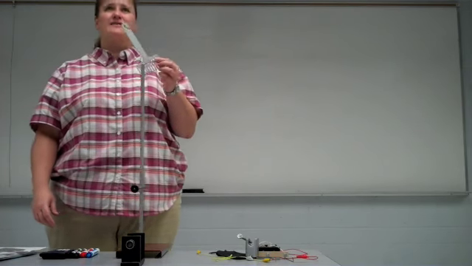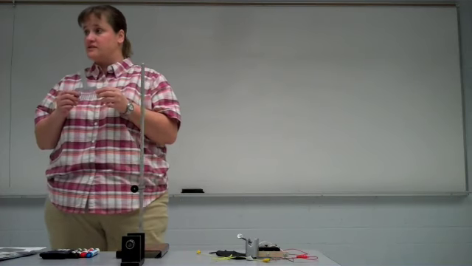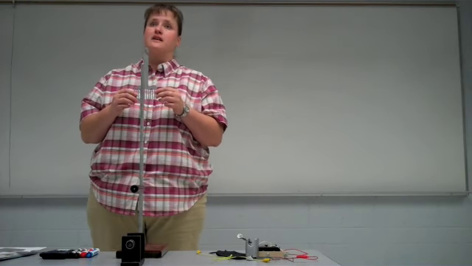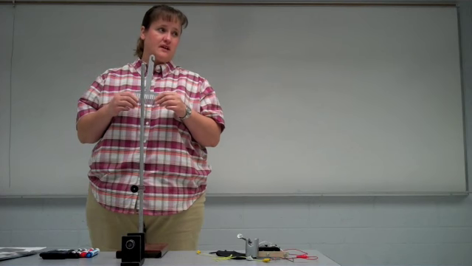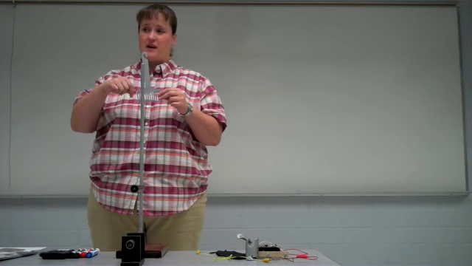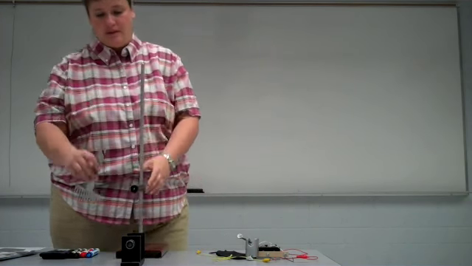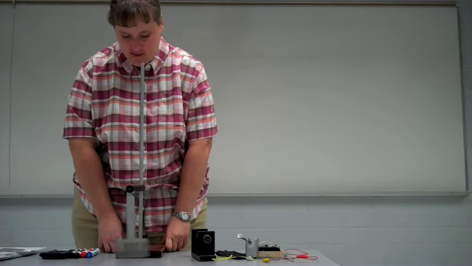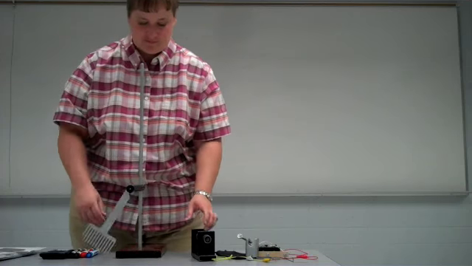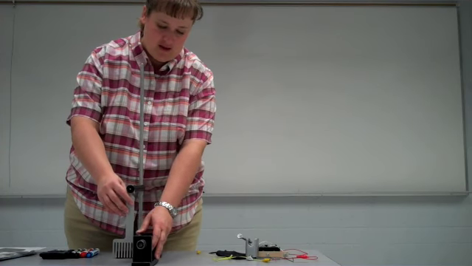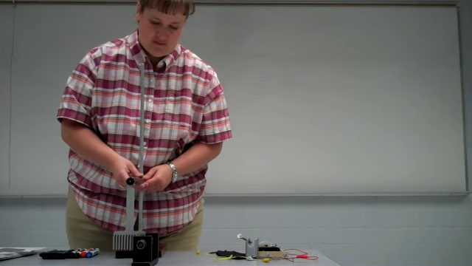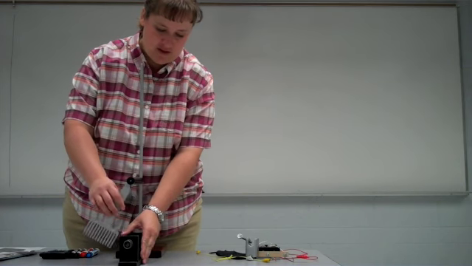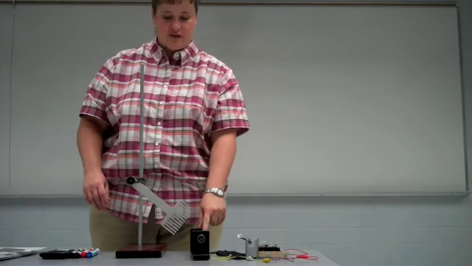Aluminum is not a ferromagnetic material, so it does not become magnetized. If I bring a bar magnet close by, I cannot attract it. So I'm going to just make a little pendulum out of this. I'm going to make it so it can swing through this magnet.